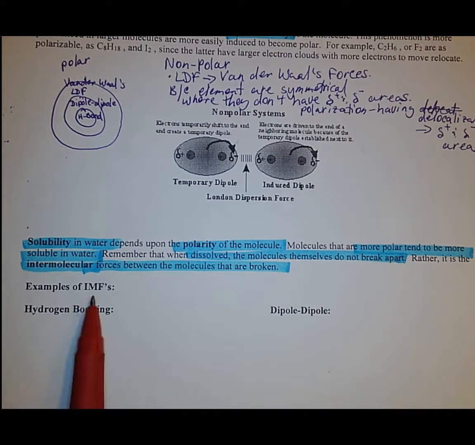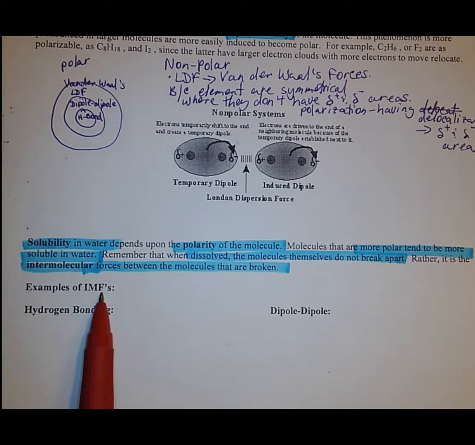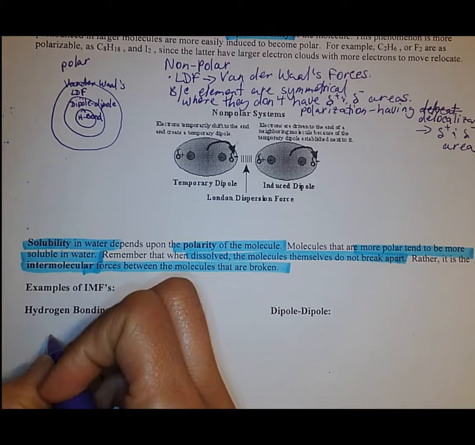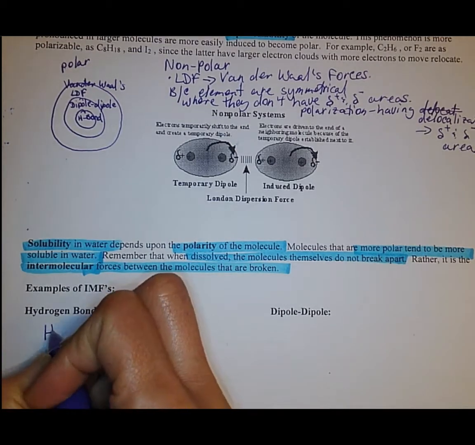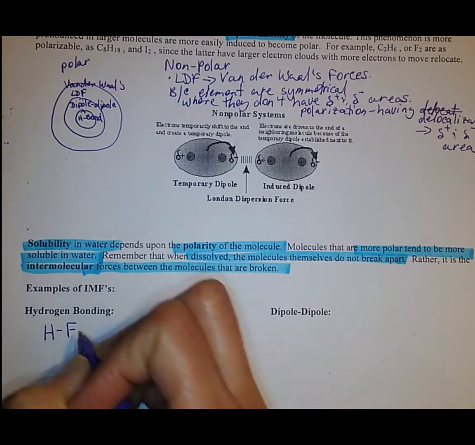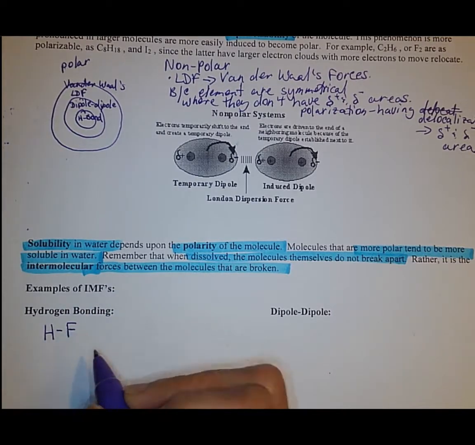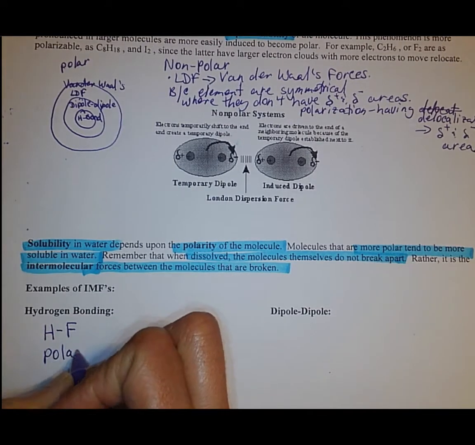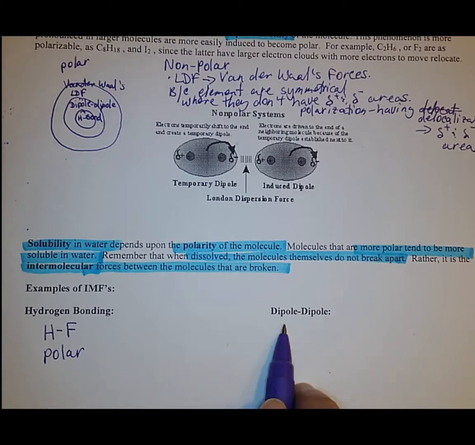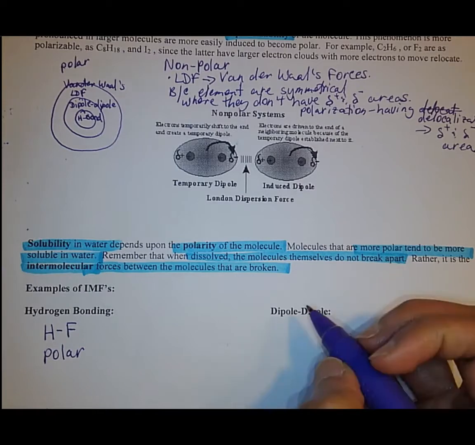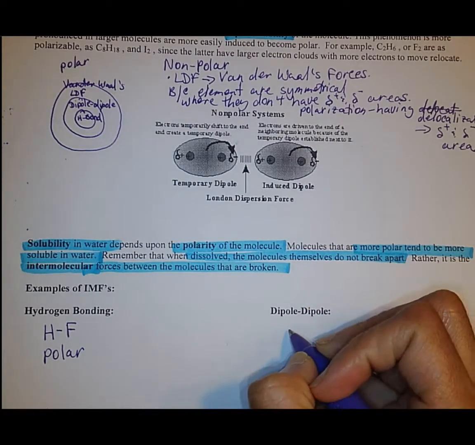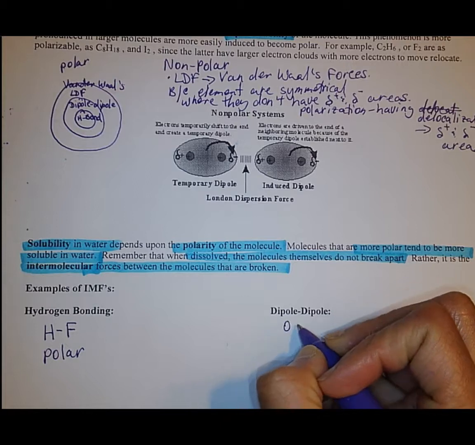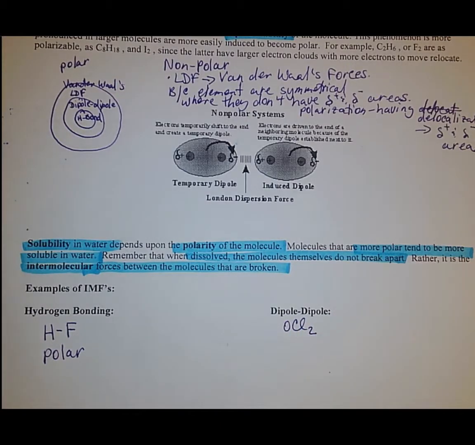So if we are talking about our IMFs, that's intermolecular forces. A good example of H bond would be a bond between hydrogen and fluorine. And this would of course be polar, because all H bonds are polar molecules. An example of dipole-dipole could be as simple as oxygen dichloride.